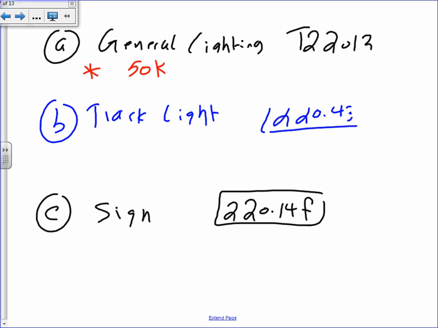50K square feet multiplied by the code allowance for light allowance for commercial building, office building. 50K, so 50 thousand square feet, multiplied by 3.5 from the NEC code book.